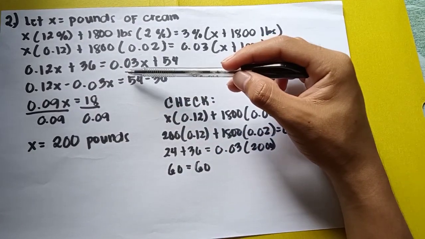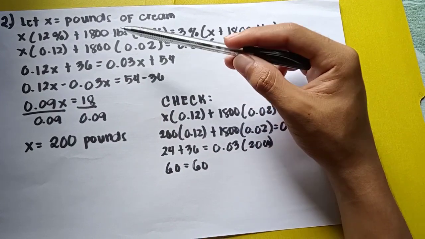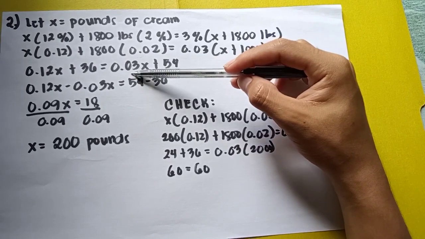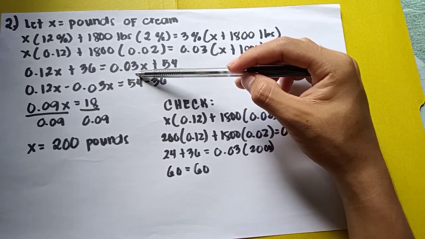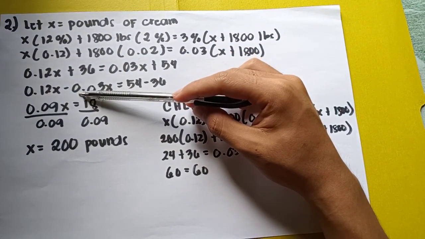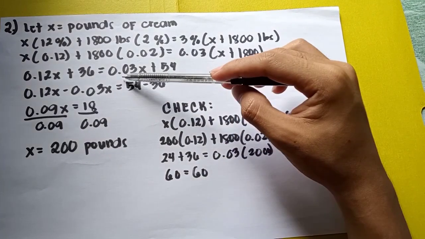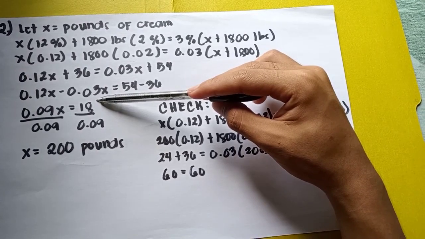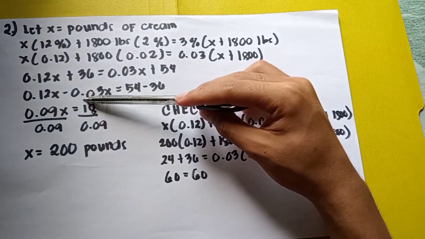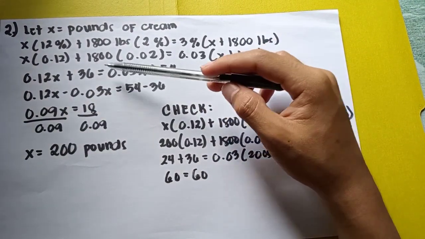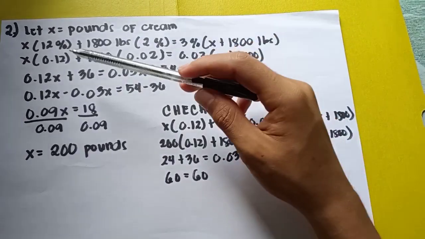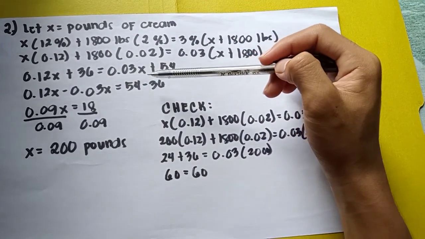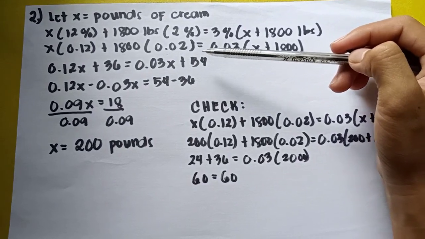Then we will combine like terms. We will transpose 0.03X to the left side, so it will change its sign. It will be negative, and 36 will be negative too because we will transpose it to the right side.